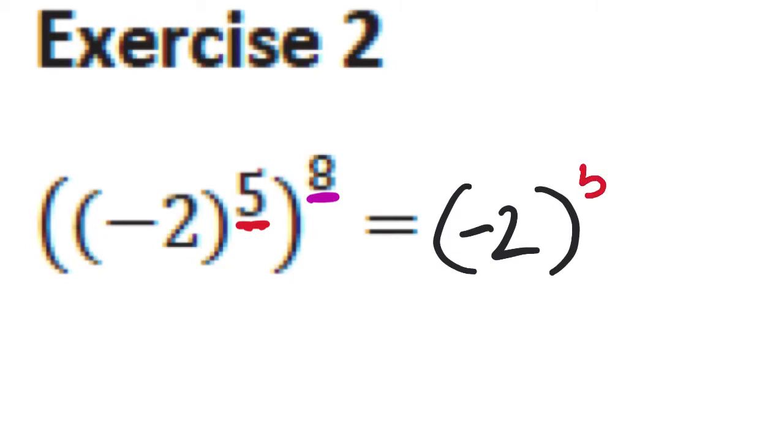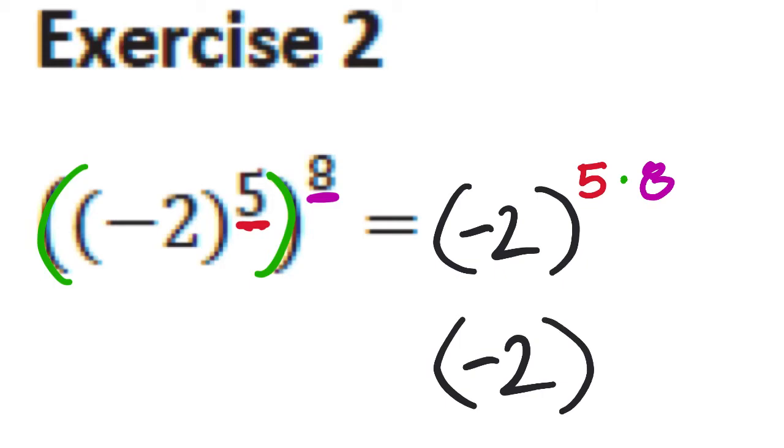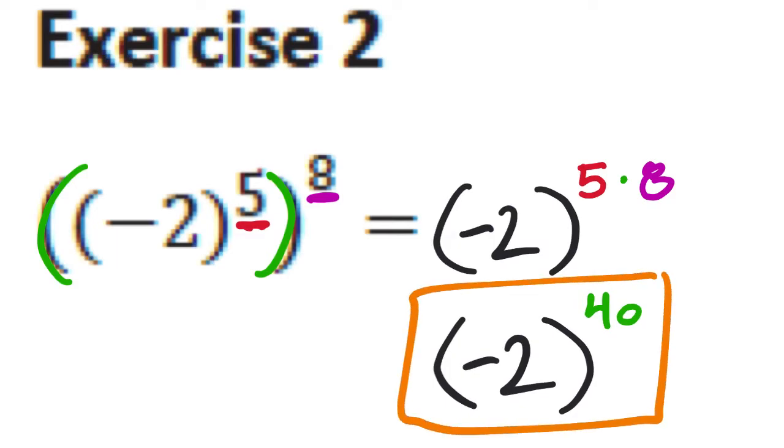So it's -2 to the power of 5 first, and then on the outside of that parentheses is an exponent of 8. This set of parentheses indicates that between those 2 exponents, we're going to be multiplying. So we'll keep our base at -2, but we need to multiply 5 times 8, which is 40. So this is base -2 in parentheses to the power of 40. That's as far as we need to go.